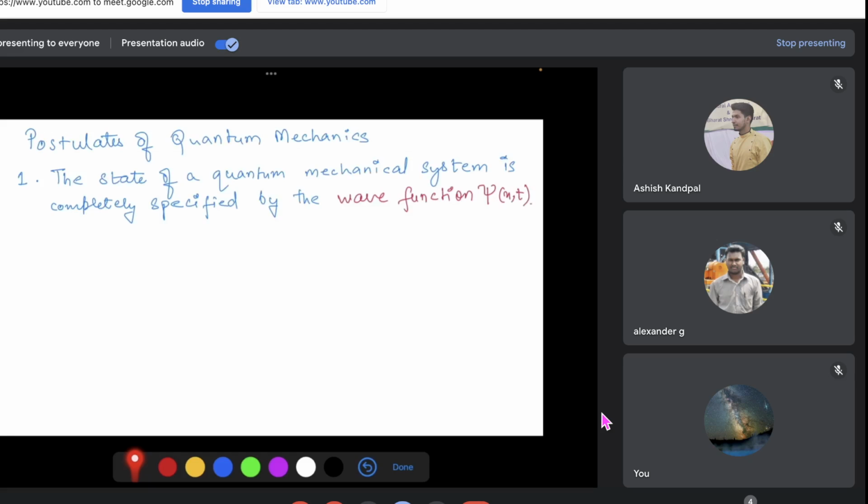It comes from the postulates of quantum mechanics. The first postulate of quantum mechanics is that the state of a quantum mechanical system is completely specified by the wave function psi(x, t).